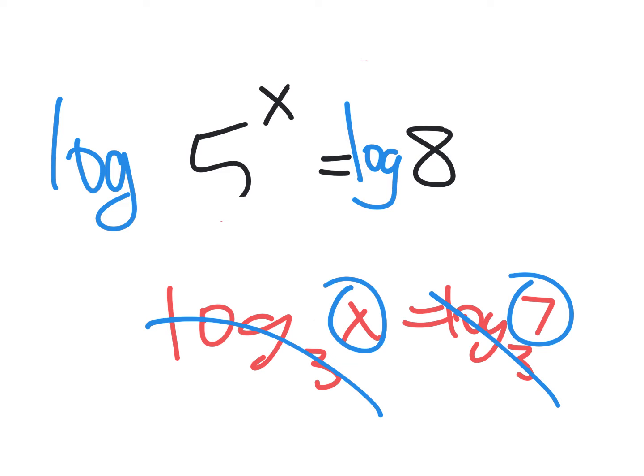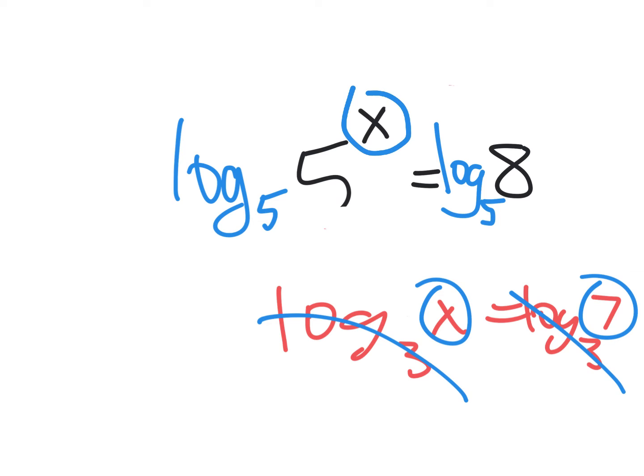I'm going to choose log base, well, I could choose log base 8 and then the right side would be nice. But I'm going to choose, what do you think? Log base 5. Because why? Because then this can go down in front and it's not in the exponent anymore.